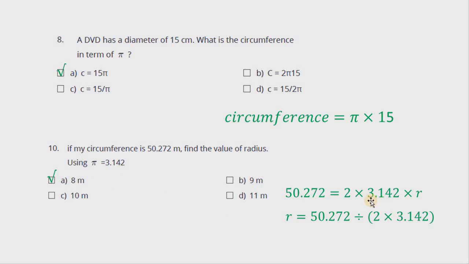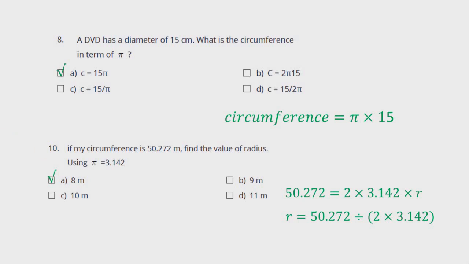I'm using pi as 3.142 and the formula 2 pi r. For this question, you can multiply 2 with 3.142 first, and then move it to the other side, so you get 50.272 divided by 2 times 3.142. I calculate using my calculator and get the answer A, 8 meters.